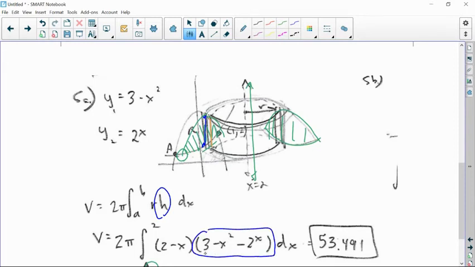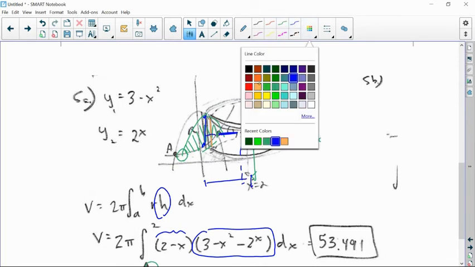So that is represented here. The top function is a quadratic. The bottom function is our exponential. Now, the radius here is 2 minus x, because if you think about this as your line of rotation, you need to figure out what this distance right here is. So you are at 2, but then you are taking away whatever your x value was here.